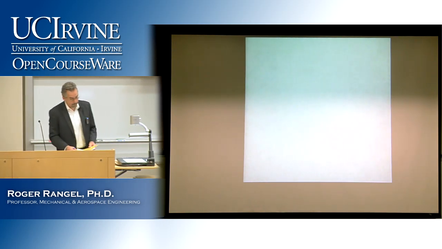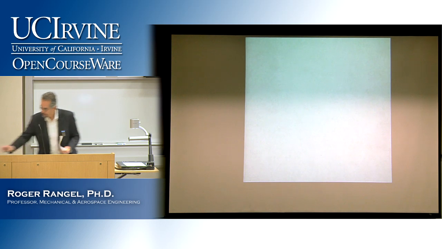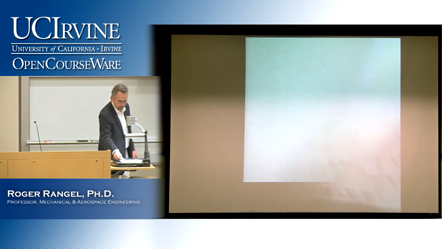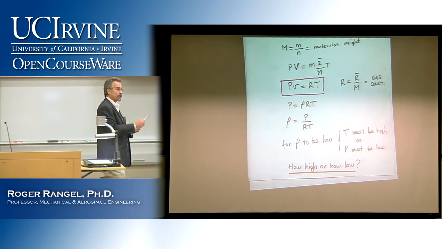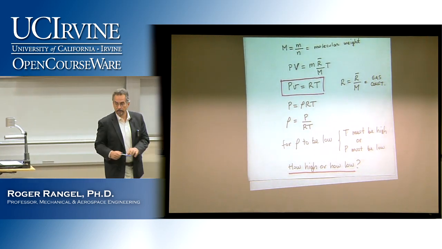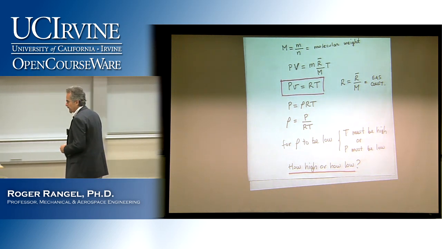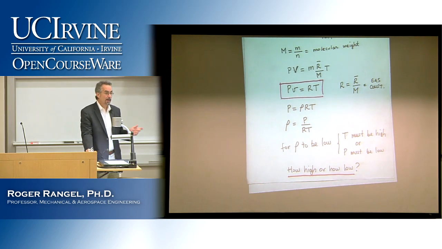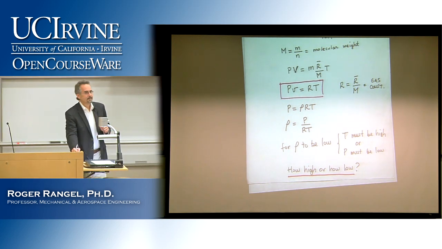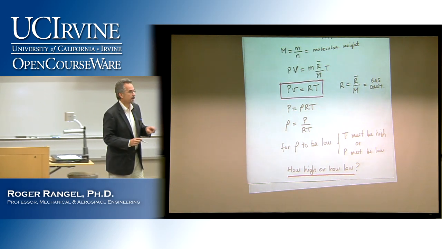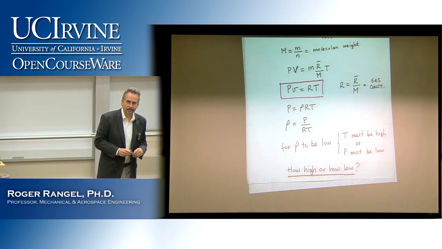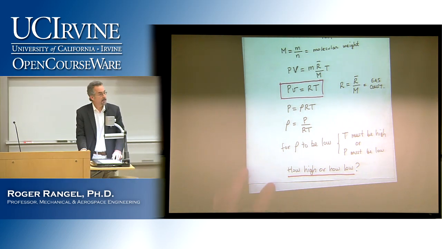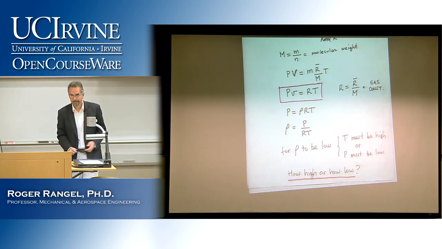Okay, so what happens if, when we do the test to see if the temperature is sufficiently high, higher than the critical temperature, or that the pressure is low enough compared to the critical pressure, that test fails? So I do my test for my properties, and I find out that it's not safe to use the ideal gas law. What options do I have?